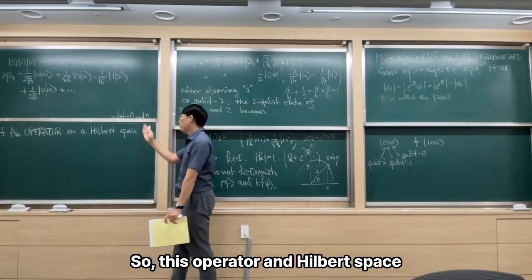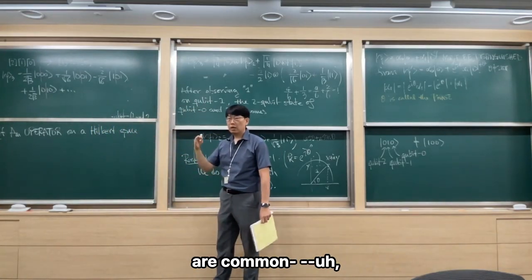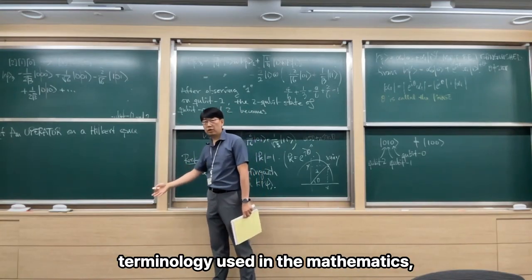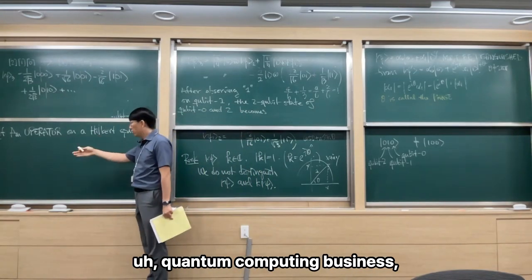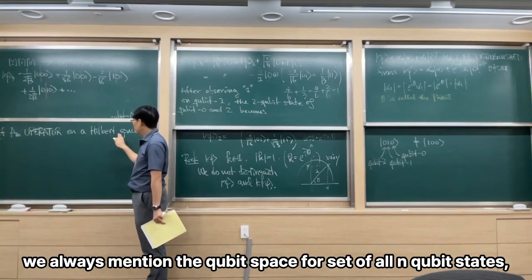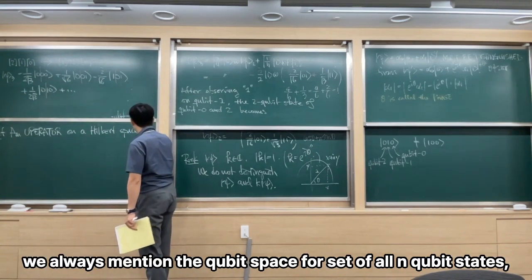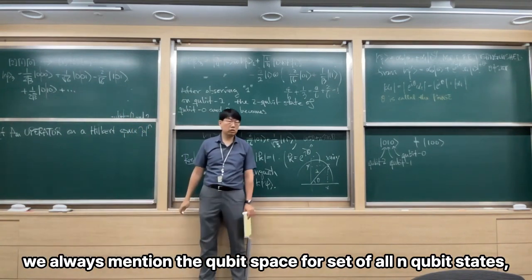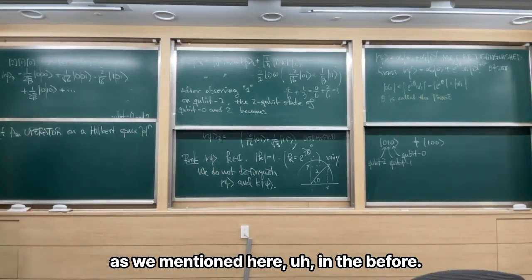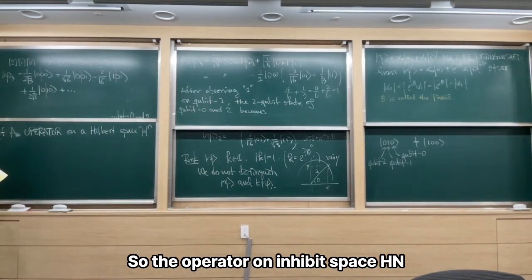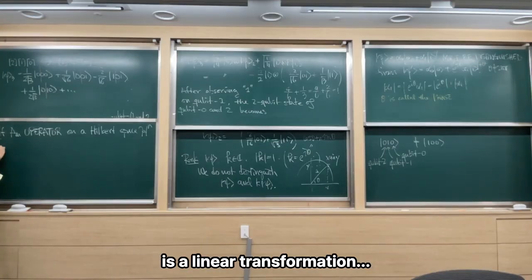Operator and Hilbert space are common terminology in mathematics, but in our quantum computing business, we always mention the Hilbert space for the set of all n-qubit states, as we mentioned before. So the operator on the Hilbert space Hn is a linear transformation.